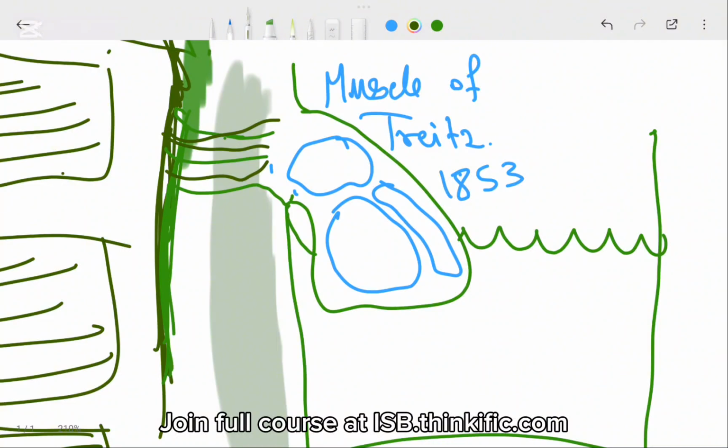Now, we talked about hemorrhoids in detail in the abdominal surgery lecture. But what I want to remind you is that we have three main cushions.